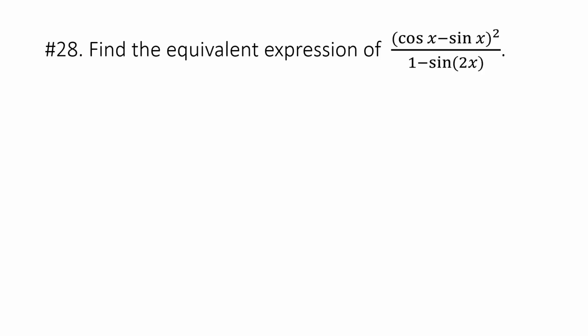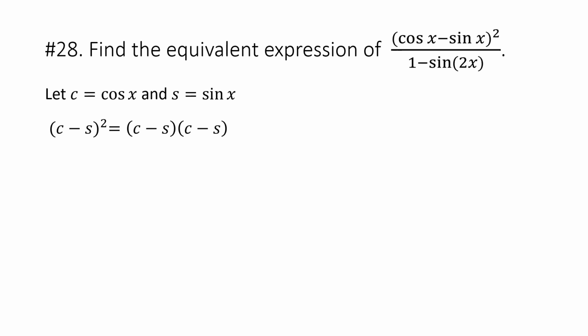So find the equivalent expression of this one. Okay, this is your practice problem 54. To be convenient, I'm going to use c as cosine x, s as sine x. So numerator, c minus s squared. So what is the square? c minus s multiplied by c minus s, right?